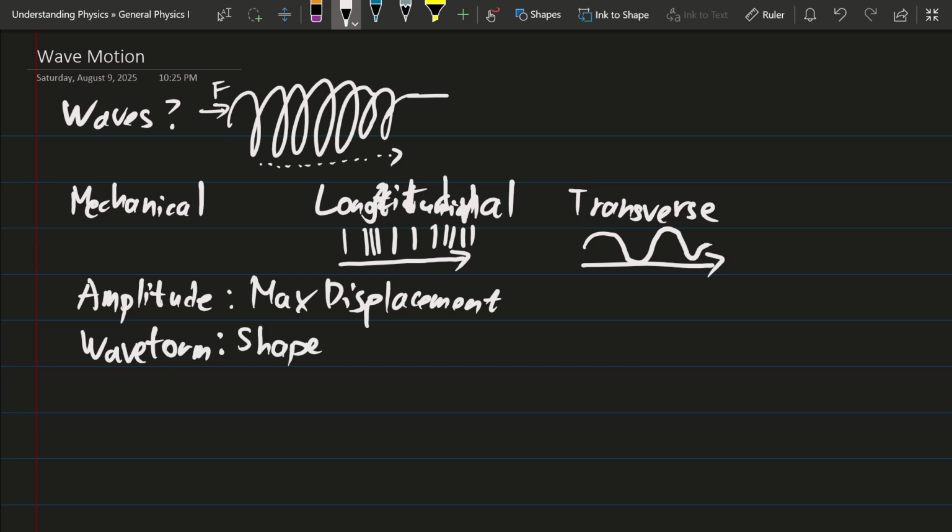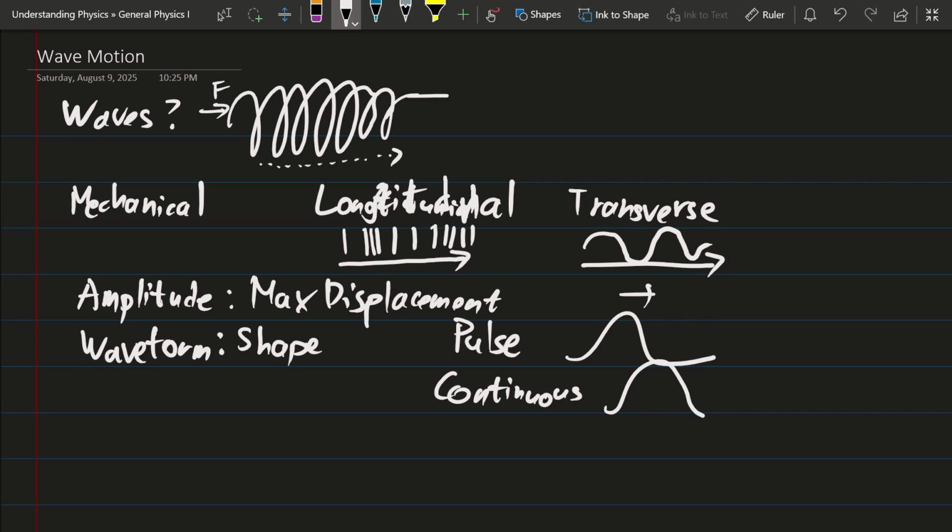There are multiple different types of waveforms. One of them is a pulse. The pulse is basically when you only give it one input, which is isolated. Another one is a continuous wave. A continuous wave is when you give it a propagation which is periodic.